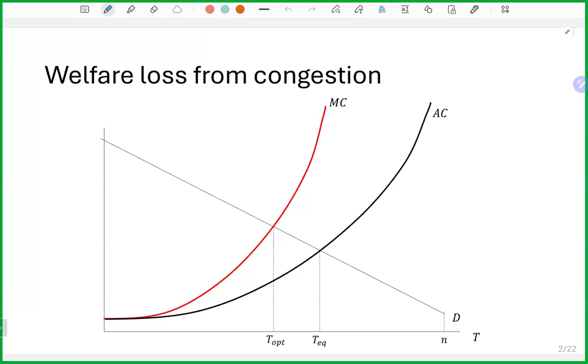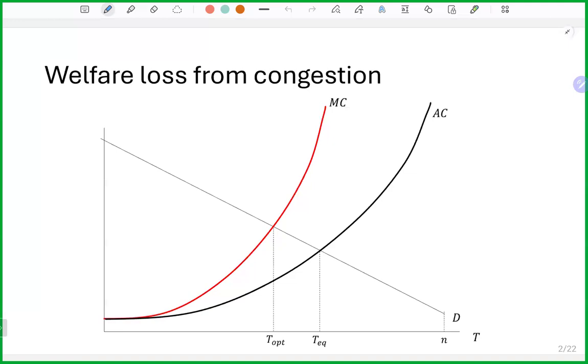When there are that many freeway users, the total cost of all the freeway users is computed by integrating the area under the marginal cost curve, at TEQ. Then the rest use the alternate route, so their total cost is this blue area.